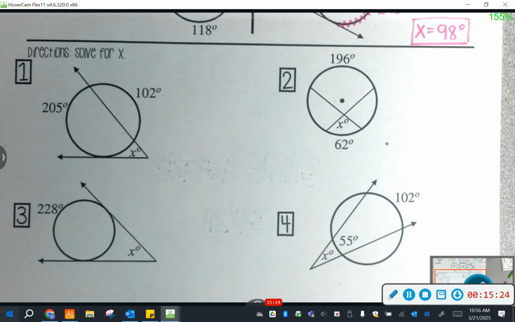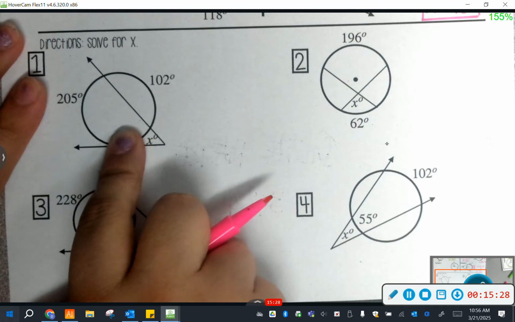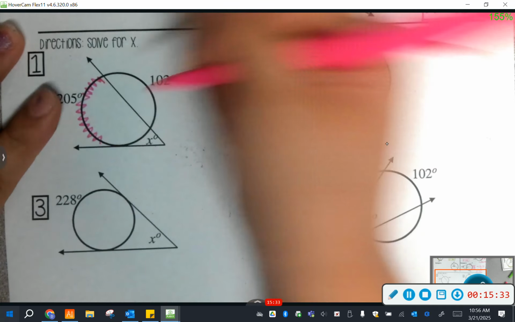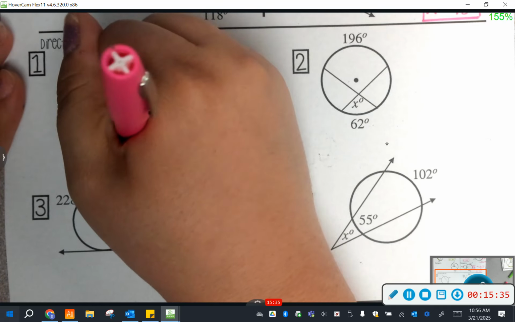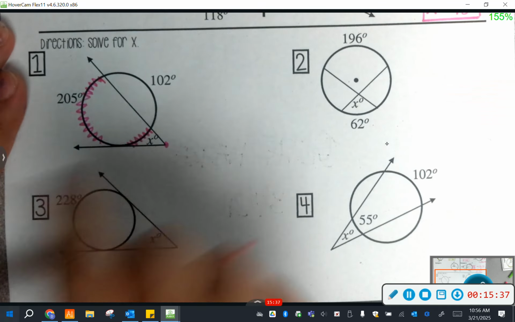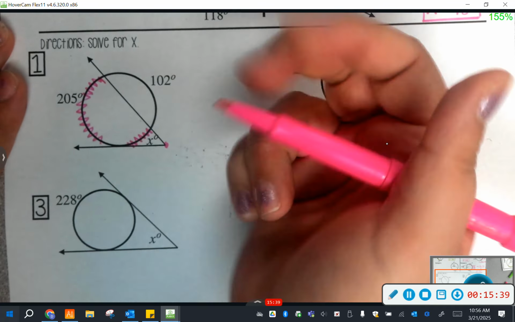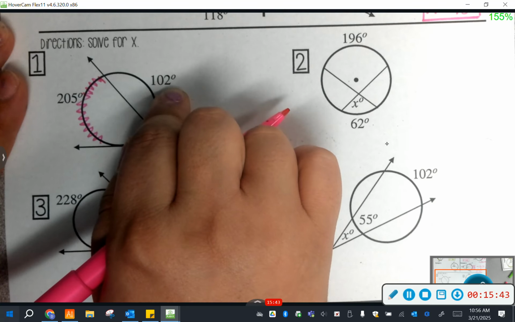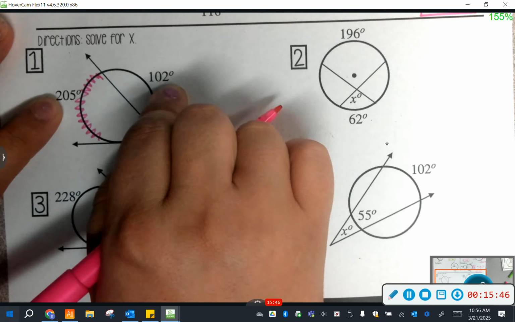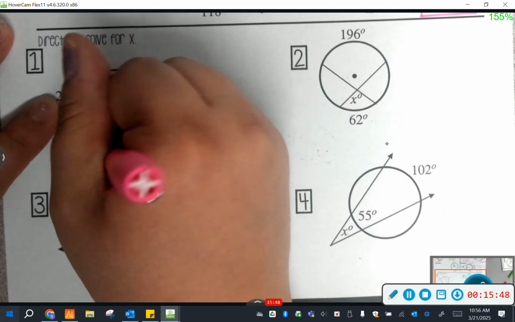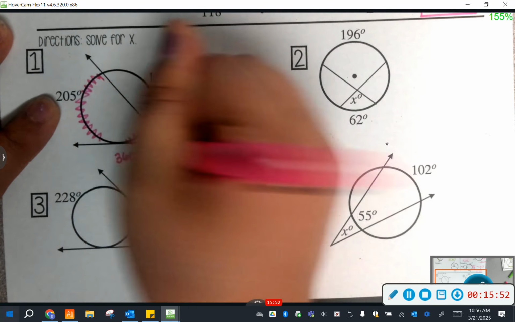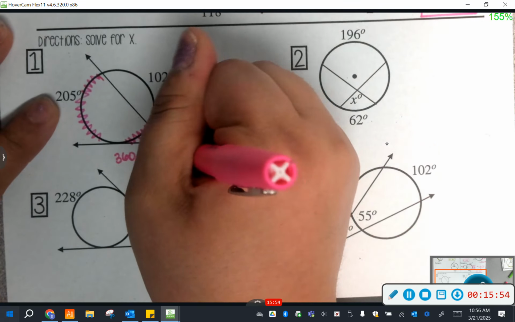I've given y'all 4 minutes. Okay, so for the first one right here, you have your big arc. Is this inside or outside? Outside. And I have my small arc. How do I find that small arc? 205 plus 102 is what? It's 307. It's everything but that small arc. So then what do I do? 360 minus 307 is 53.